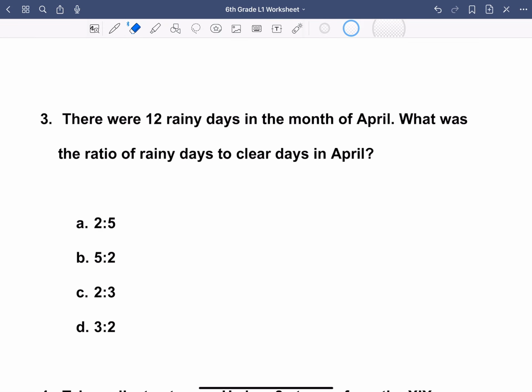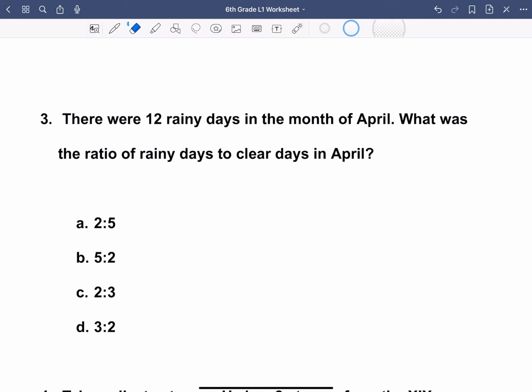So number 3. There were 12 rainy days in the month of April. What was the ratio of rainy days to clear days in April? So here, I really didn't know how many days. I don't remember off the top of my head how many days are in the month of April.